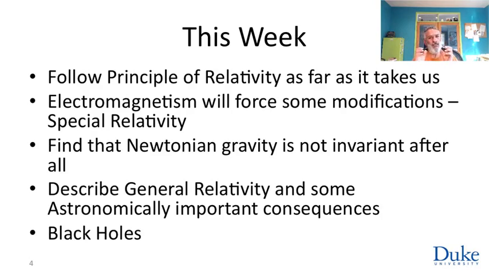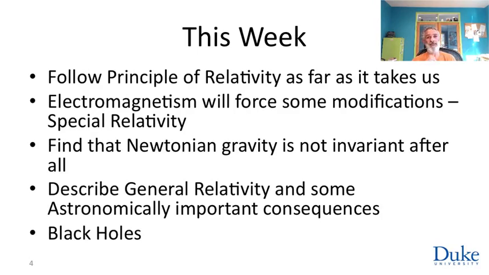Now, there are two things that I want to emphasize here. One is that the special theory of relativity is something that we will be able to actually understand at a technical level, and your average working physicist has a good understanding of it. The general theory is mathematically and conceptually much more involved. We will hopefully be able to understand some of the conceptual issues.